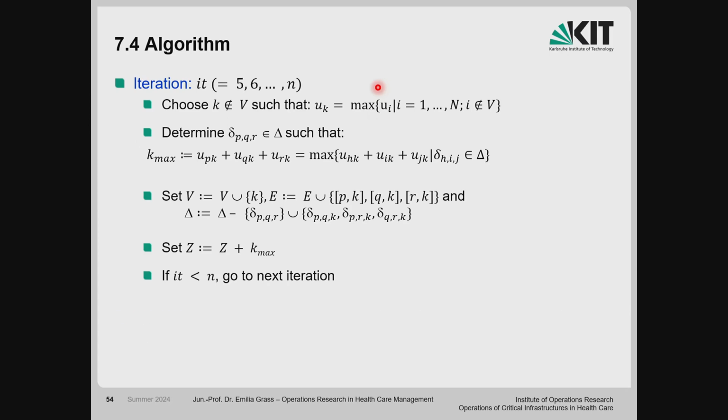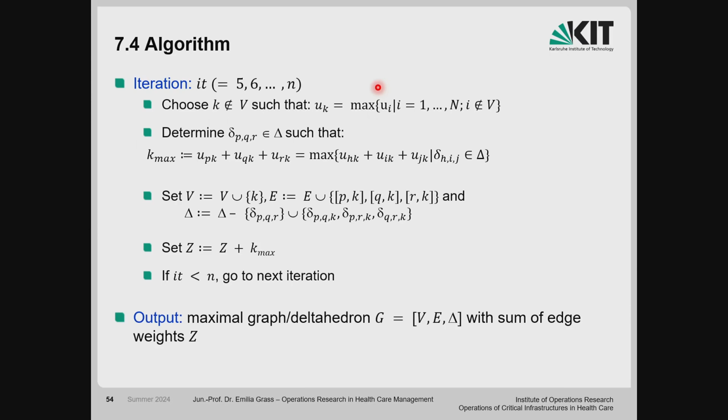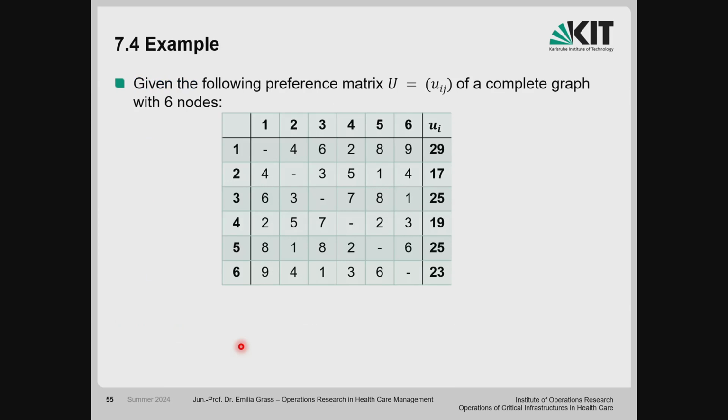Okay, so then you are done. And the output is the maximal graph, which is a deltahedron, so it's a synonym. So you have a graph which has nodes and triangles with the sum of edge weights with a maximum objective function value, z. Okay, let's have a look at an example.